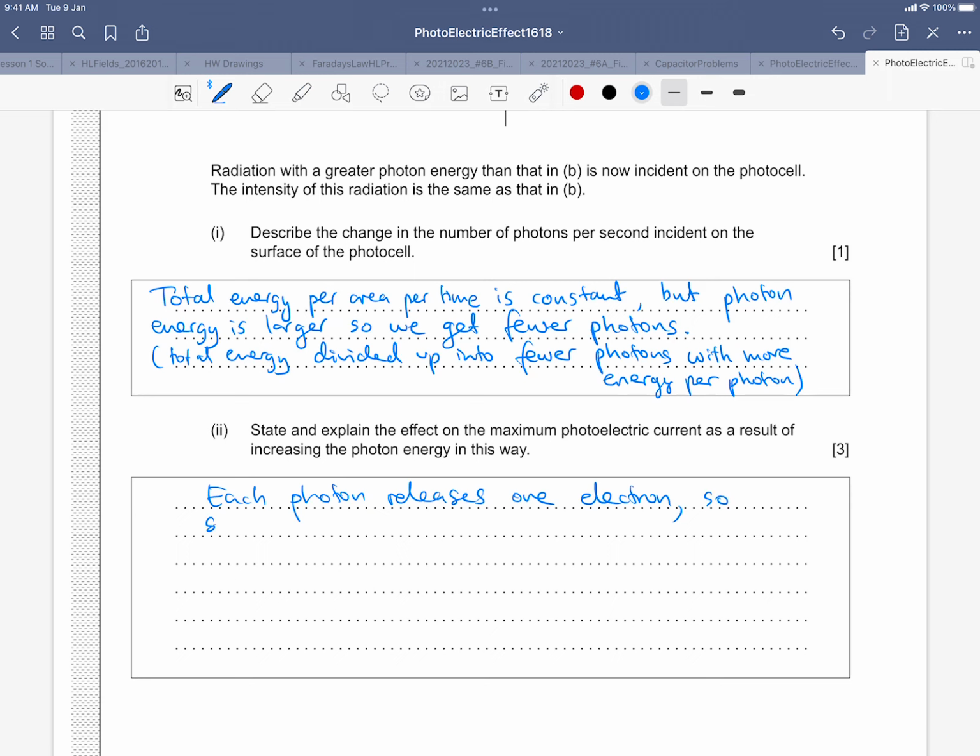So since there are fewer photons, there will be fewer electrons, and the current decreases. Okay.